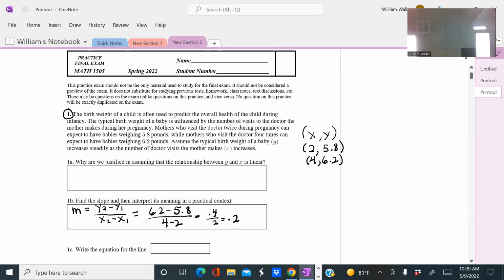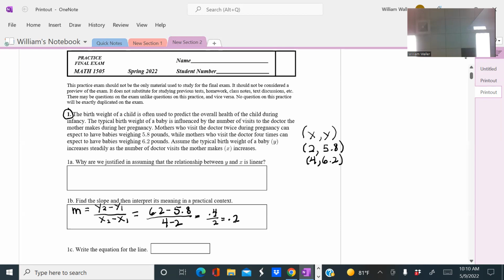Okay. So Hannah, can you say that? Right? When the number of doctor visits increases by what? 1. Exactly right. Remember, slope is always x increasing by 1.